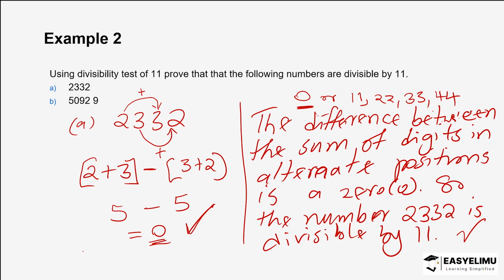So if you got something like 2, for example, you'd have said the difference between the sum of digits in alternate positions is 2, which is neither 0 nor a number that is divisible by 11, and therefore the number is not divisible by 11. So in both cases, you still have to restate the condition. You check whether the condition is met or not, then as you give your response, you still restate that condition.